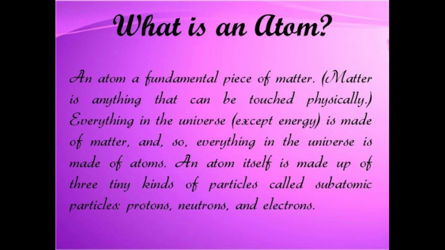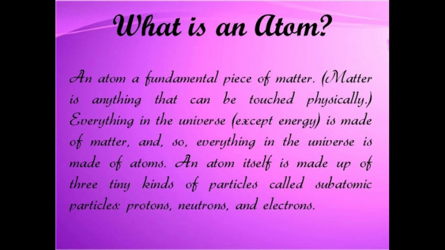Now before starting the next topic, I would like to remind you what an atom is. Last class I said that an atom is a fundamental piece of any matter, the smallest particle of any matter which cannot be subdivided. Everything in the universe is made up of matter, and so everything is made up of atoms.